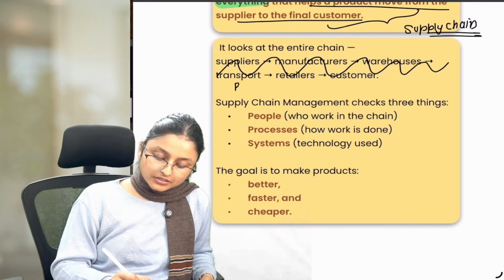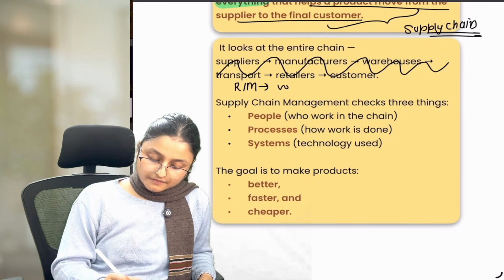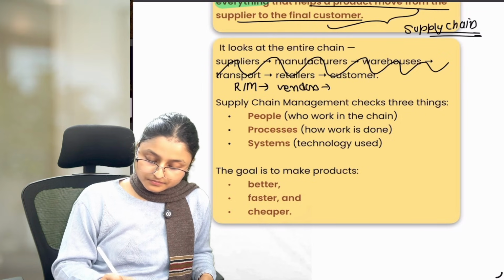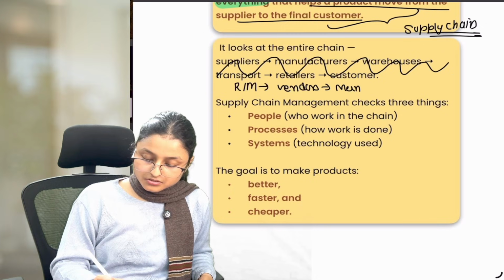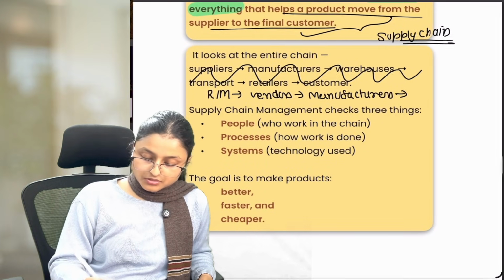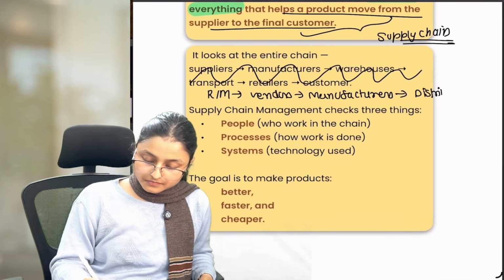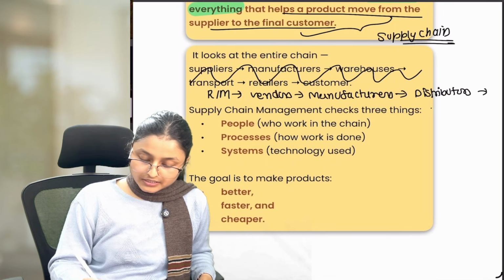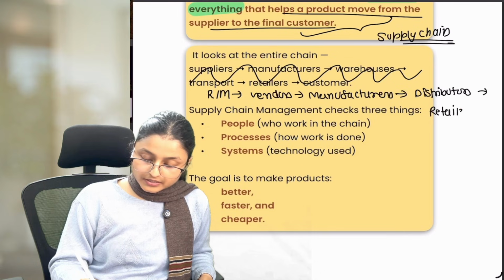What are the steps? Raw material, vendors, then manufacturers, then comes distributors, then we have retailers, and the last one is consumer.